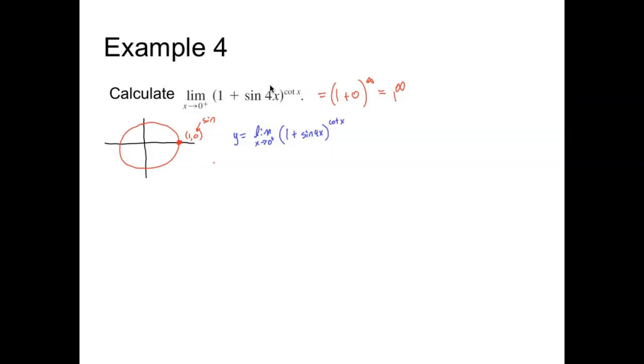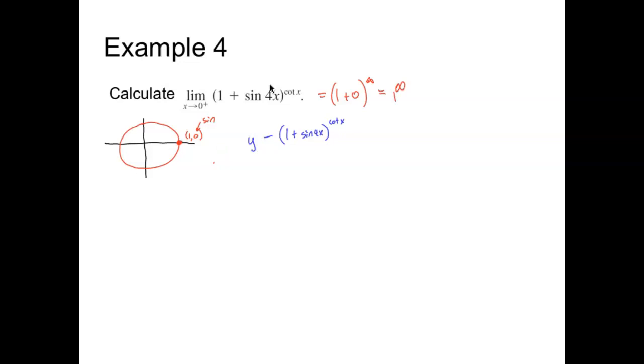And sorry, I actually just want to set y equal to this, I don't need the limit there for now. Then what we'll remember is at the very end, we want to take the limit as x approaches 0 from the right of y, since y equals that.